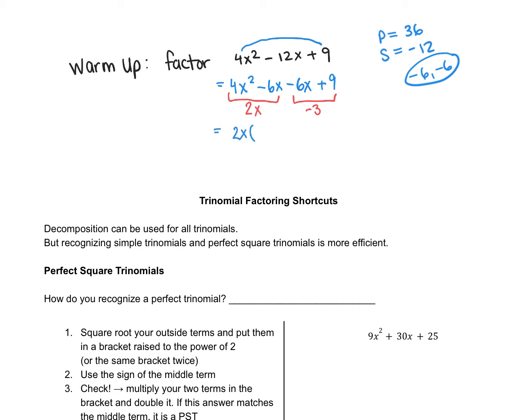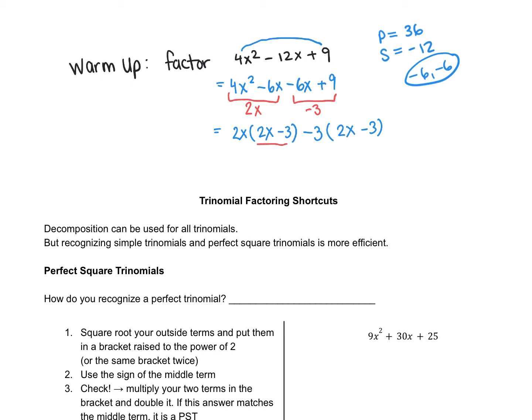When we divide out 2x from the first pair, 4x squared divided by 2x is 2x. Negative 6x divided by 2x is negative 3. When I divide out the negative 3, I'm left with negative 6x divided by negative 3, which is positive 2x, and 9 divided by negative 3, which is negative 3.